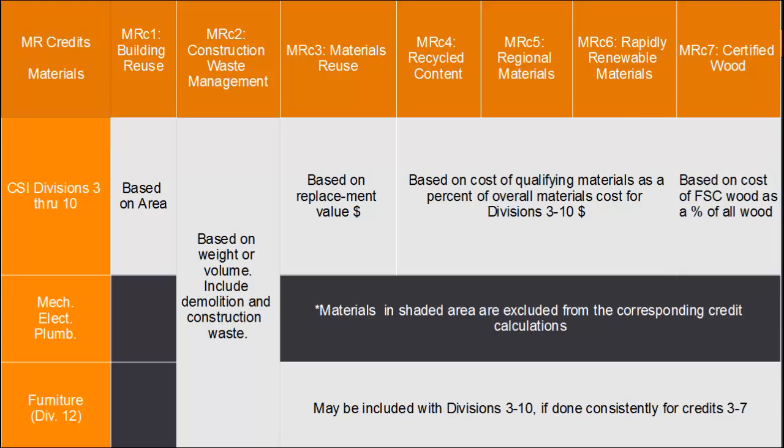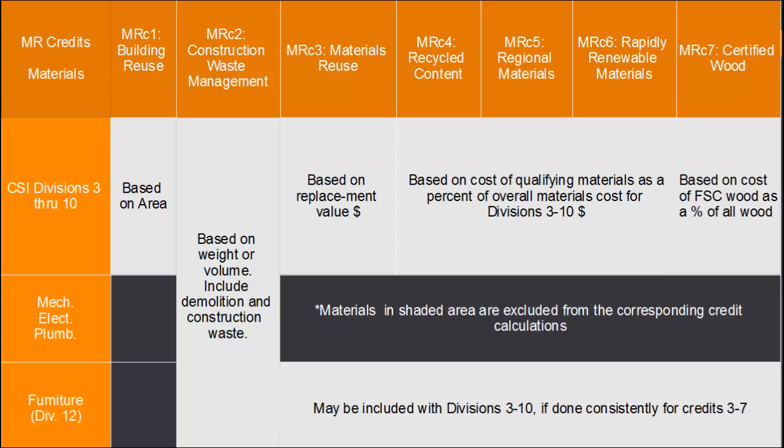MR Credit 3 through 7 are all based on material cost. For MR Credit 3, Material Reuse, salvage material can be priced based on replacement value, so you're not punished for finding a good deal in maybe a reused building supply store. Like in Portland, we have the Rebuilding Center, or even something like Habitat for Humanity.